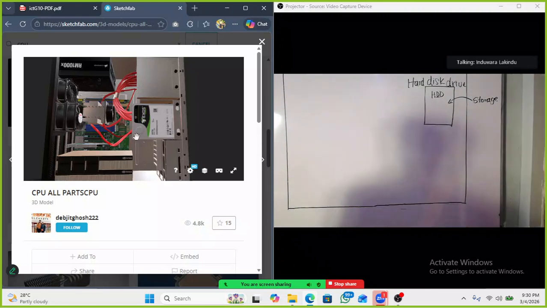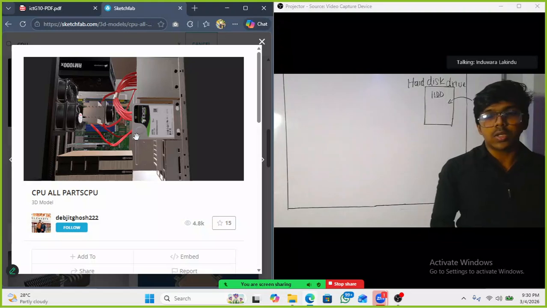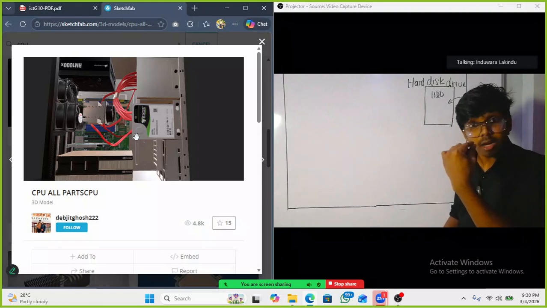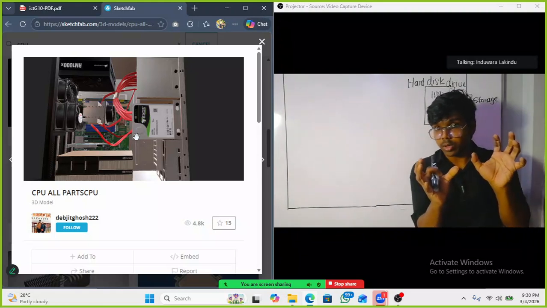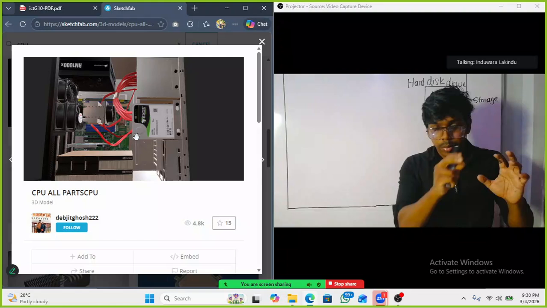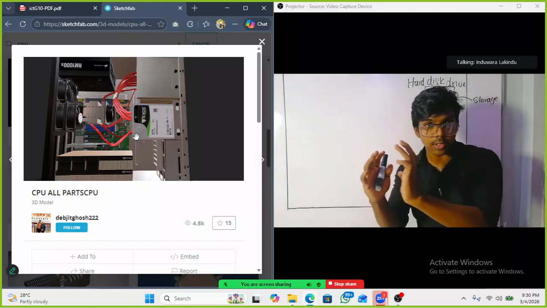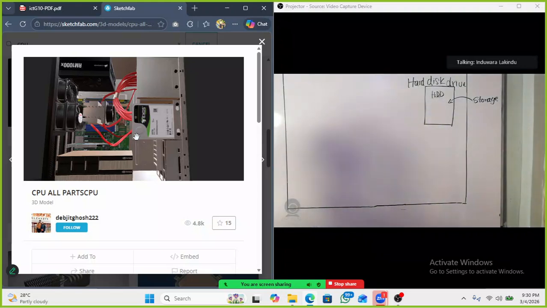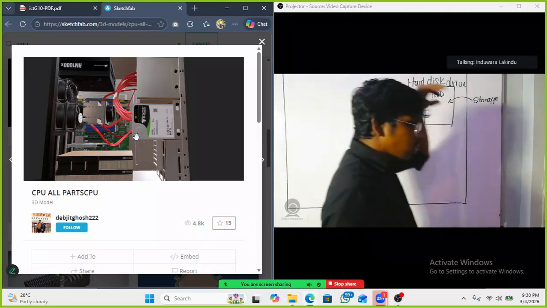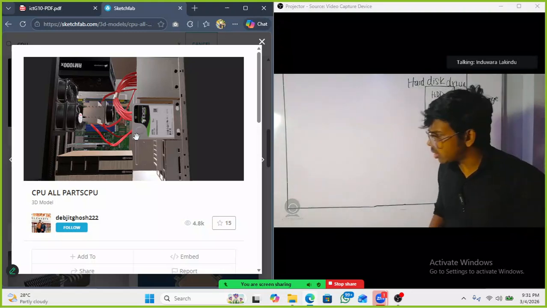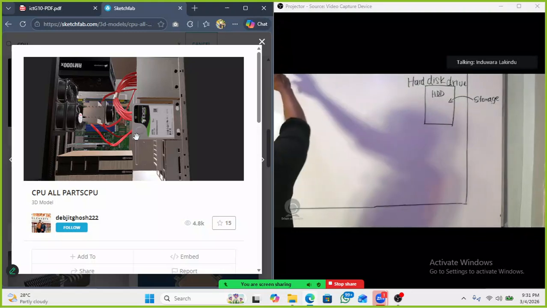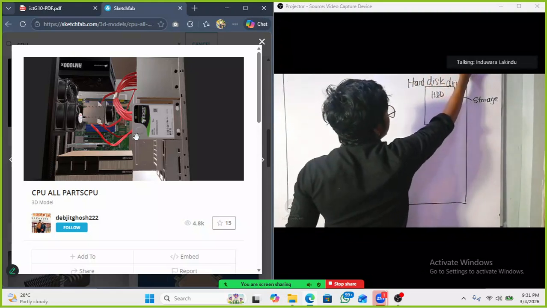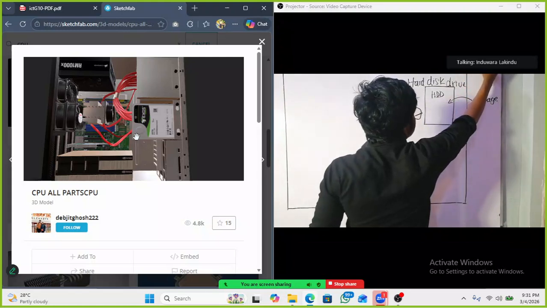In this image, you can see red color wires. Those are called SATA cables. They are responsible for powering and carrying signals inside the computer. Inside the computer, all the components are separate components, and they are connected to the motherboard through these cables. What is the motherboard? This one I drew is the motherboard. All the components are connected to it.